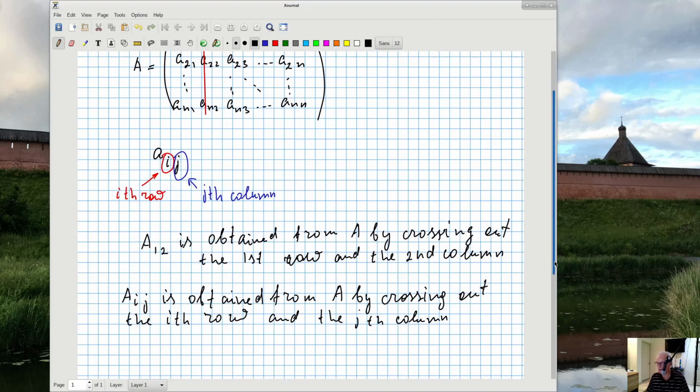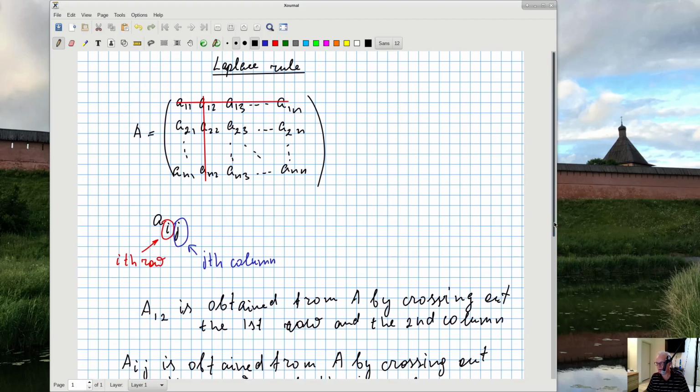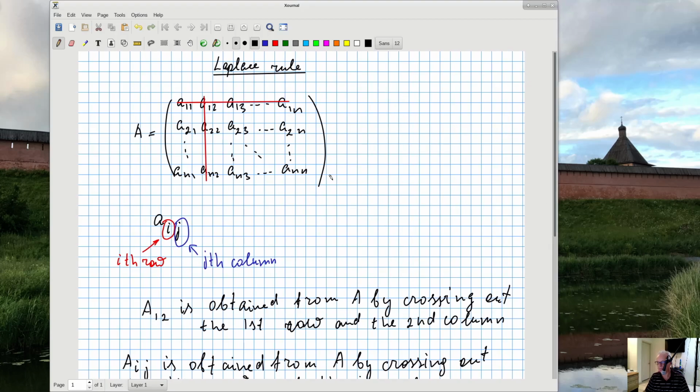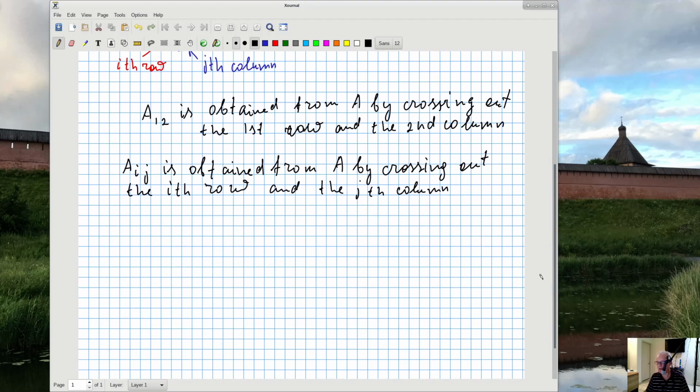Now let's write the Laplace rule. So I take this matrix A and I need to calculate its determinant. I will choose any row or column.